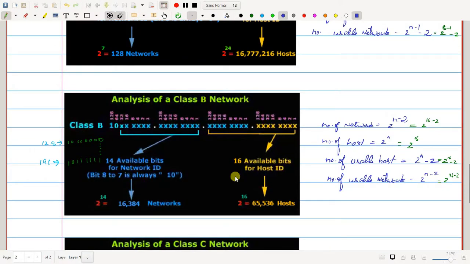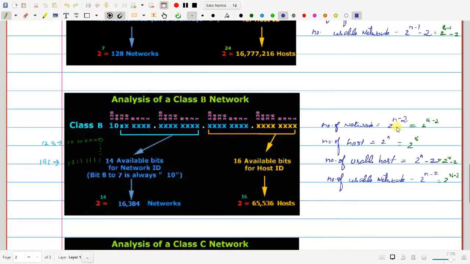Then we're going to see about the class B address. In class B, the first two octets are network bits and the remaining two octets are host bits. The first two bits of the first octet are always 10. Then as we increase, we get that 128 is the starting address and 191 is the last address of the class B network.